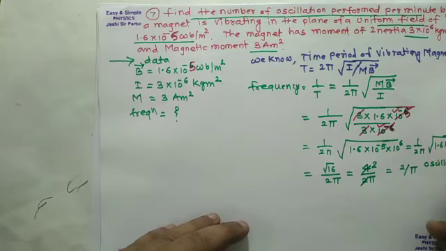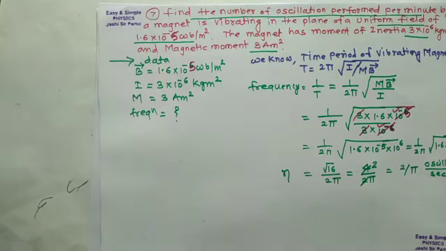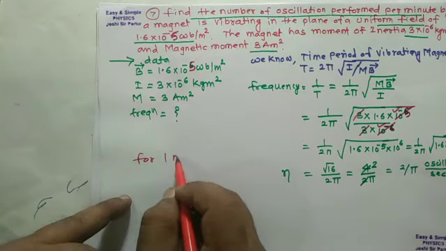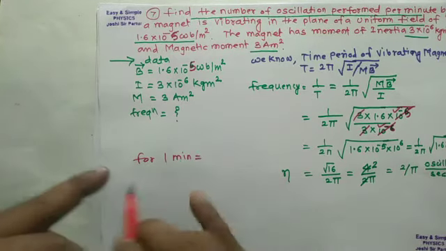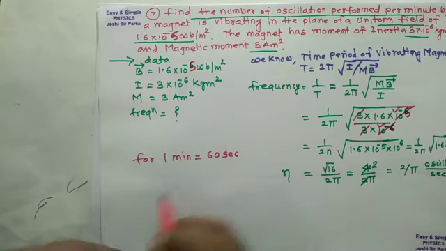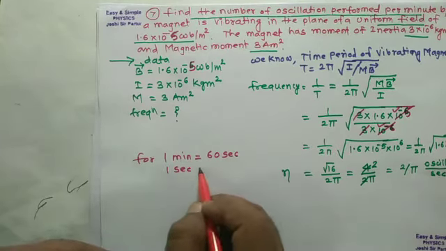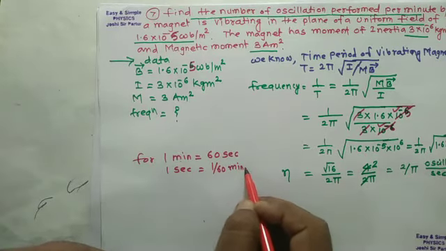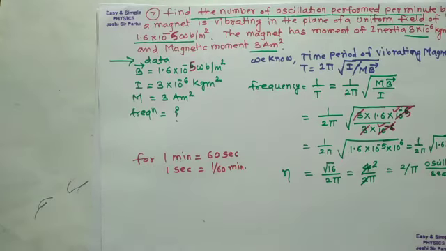Oscillation per second will be frequency. But here the number of oscillations performed per minute is asked. So for 1 minute, 60 seconds are there, and for 1 second, 1 upon 60 minute is written.